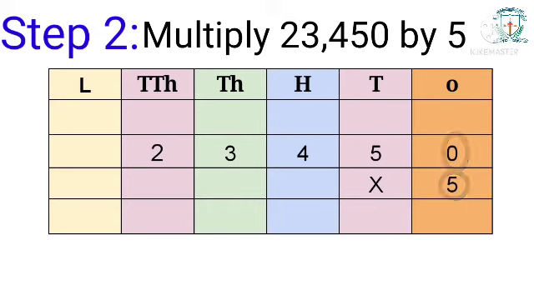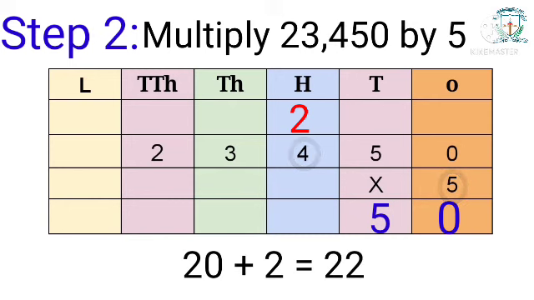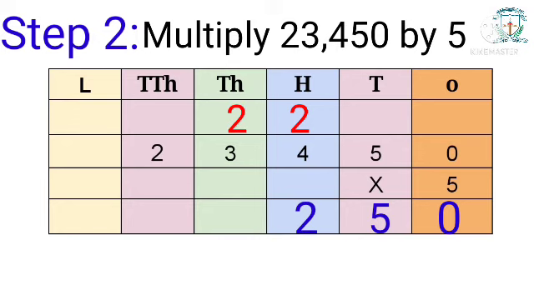23,450 by 5. That is, 5 zeros are 0. Write 0 in ones column. 5 fives are 25. Write 5 in tens column and 2 as a carry forward to hundreds column. 5 fours are 20. 20 plus 2 is equal to 22. Write 2 in hundreds column and carry forward 2 to the thousands column. 5 threes are 15. 15 plus 2 is equal to 17.